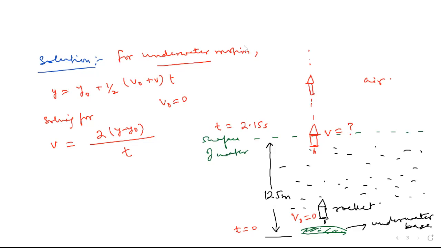Let us put the numbers. Now y minus y naught is the displacement. Here we have y naught as our initial position. If the position coordinate here is y, then y minus y naught is the displacement, which is 125 meters. It is twice 125 meters over the time, which is given, 2.15 seconds.